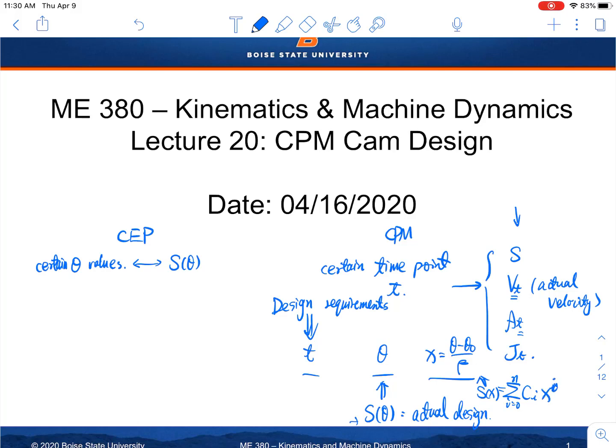All right, so this X domain is where you have your polynomial defined. So again, then things become tricky. Your input is in t, you have to go first through t to x, and then go back from x to theta. So in CPM, you're going to see a lot of domain transformation. So we're going to go over these using one example.